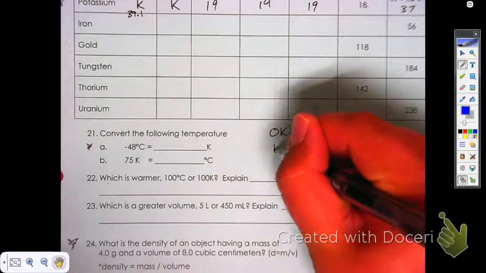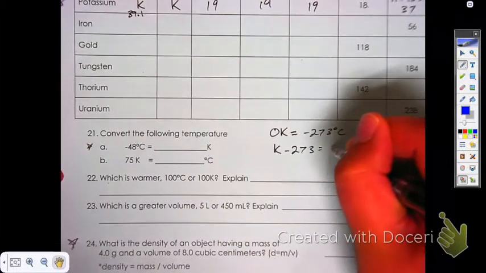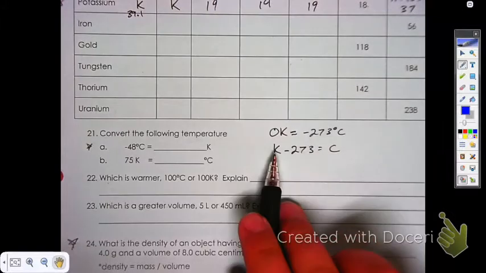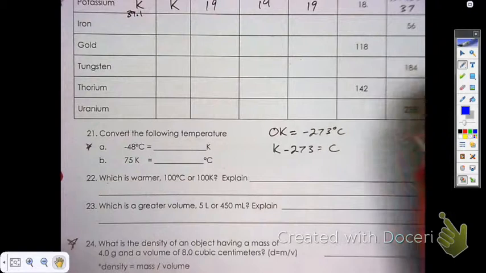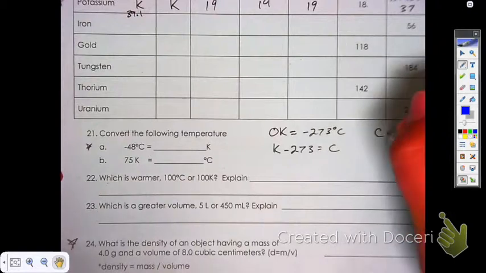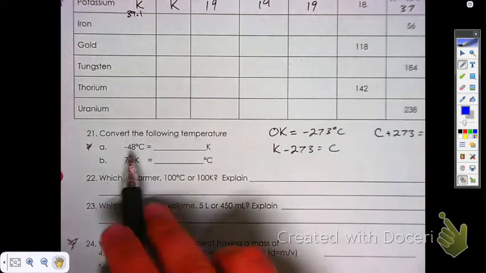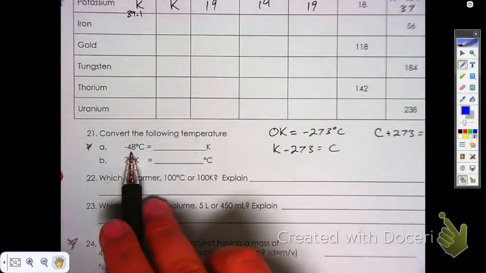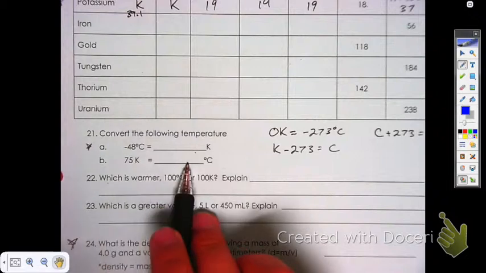So Kelvin minus 273 equals Celsius. To go the other way, if we have Celsius, we have to add 273 to get Kelvin. So for A, all we have to do is add 273 to get our Kelvin, and for B, all we have to do is subtract 273 to get degrees Celsius.